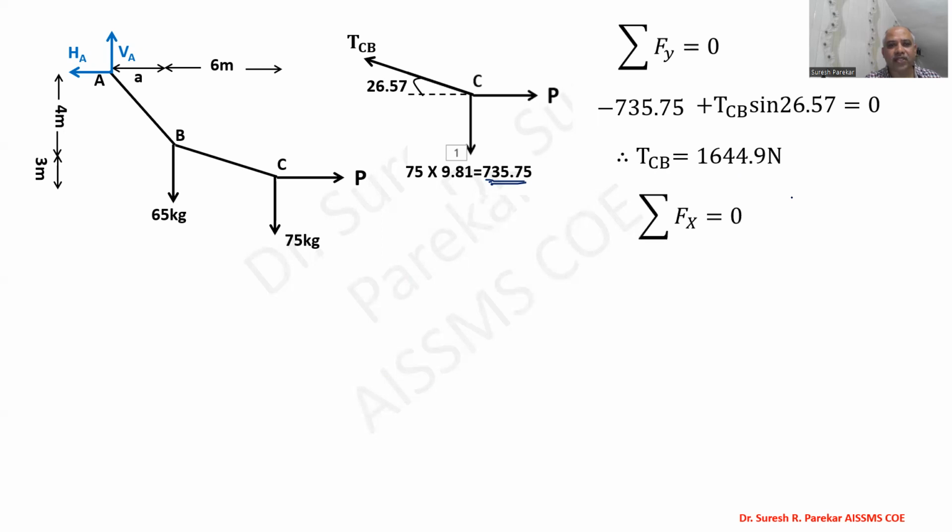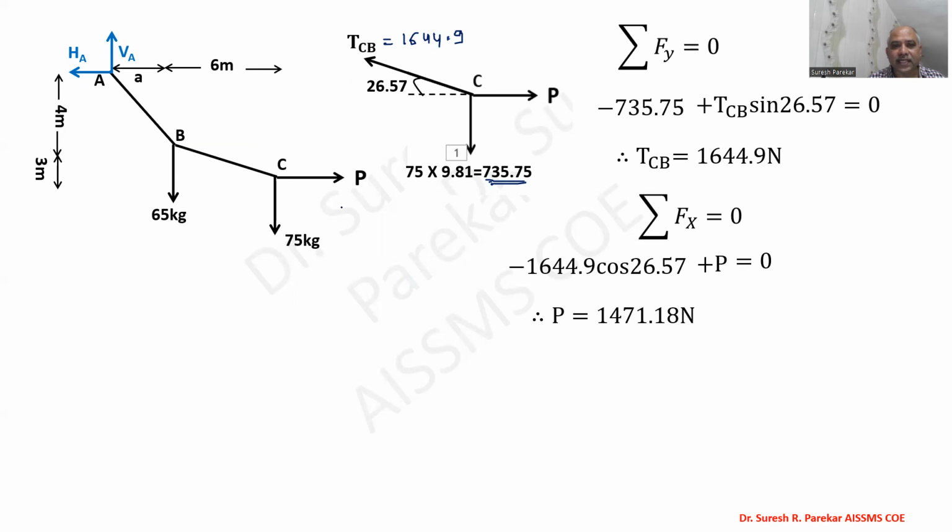Then summation Fx equals 0, and from this we get the value of P: minus 1644.9 cos 26.57 plus P equals 0, and we get P equal to 1471.18.